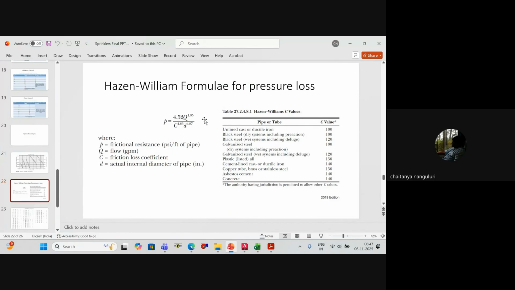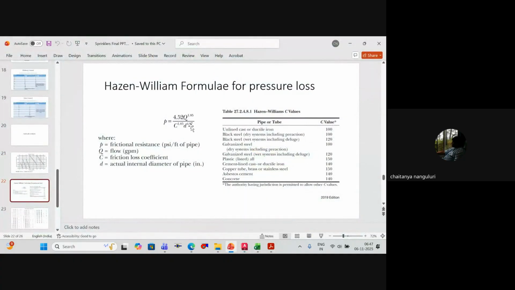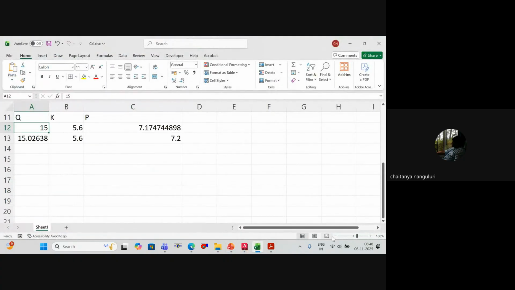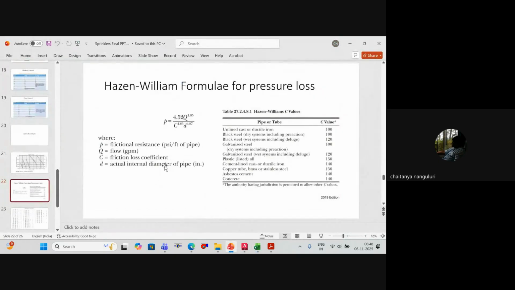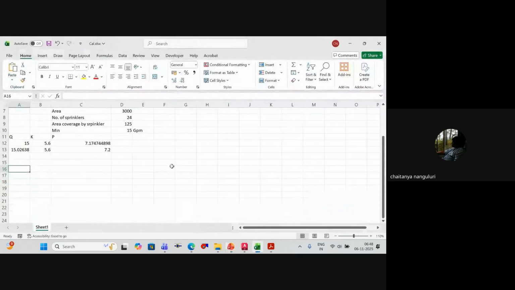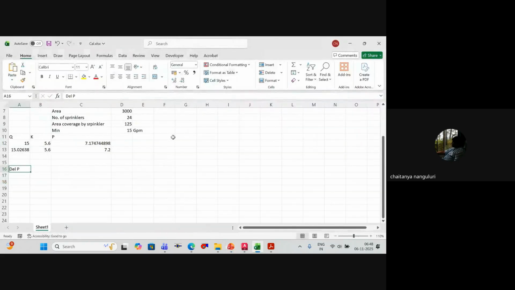Yeah, we'll try to do this. Just a sec. I'll just zoom out slightly for ease. So here I'll write all the things. P is the pressure drop I'll require, so I'll write it as delta P. That is nothing but the pressure drop that we have. And then we have got Q value, C value, and D value.